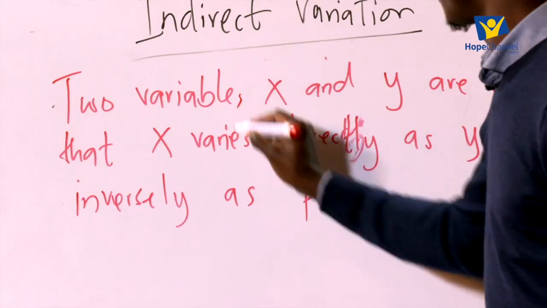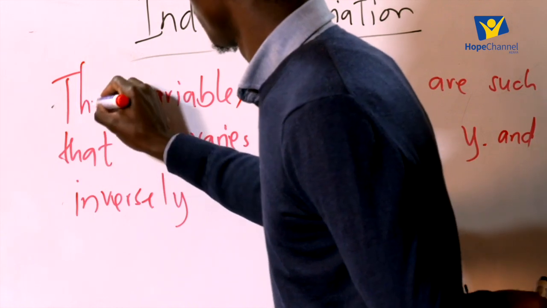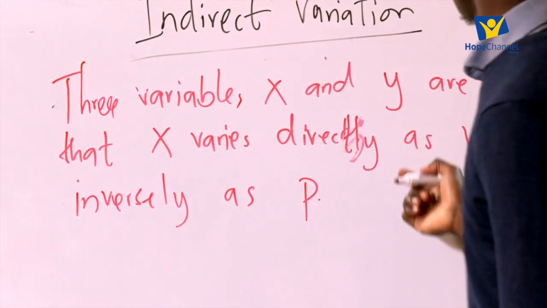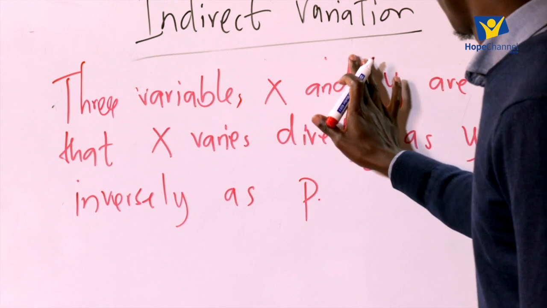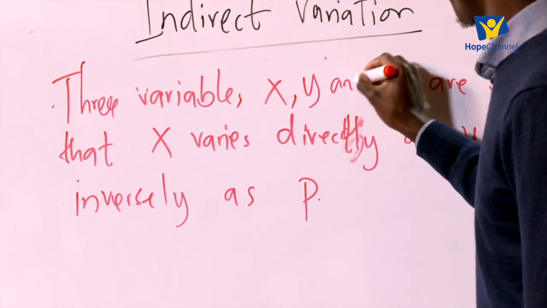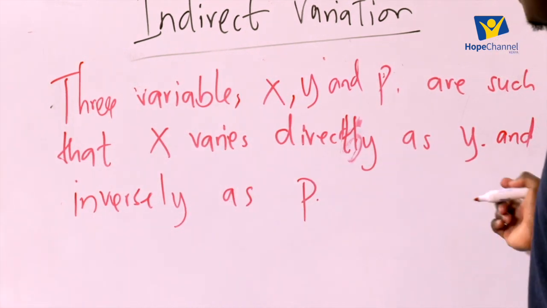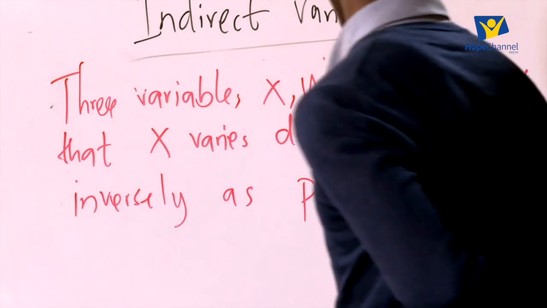Two variables, or rather three, let's change that. Three variables, x, y, and p, are such that x varies directly as y and inversely as p.